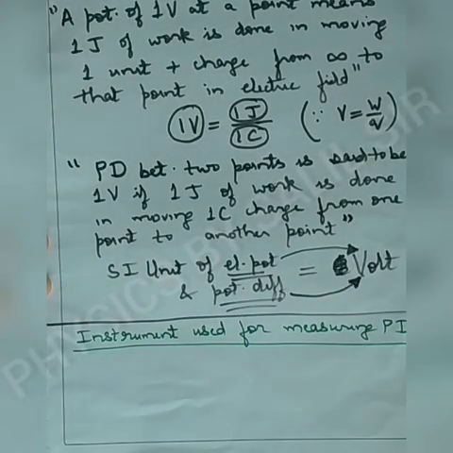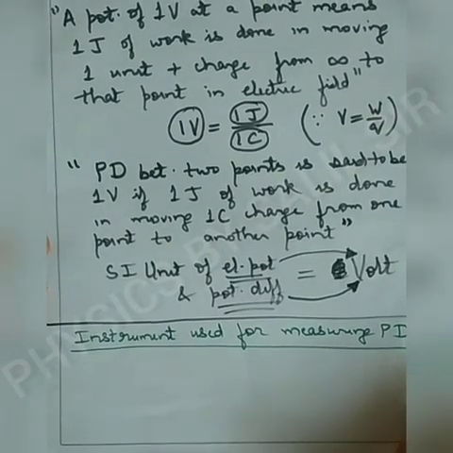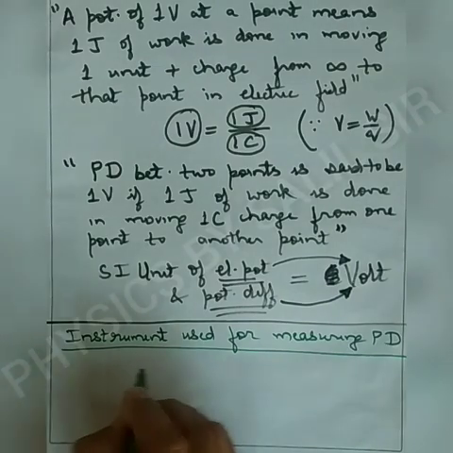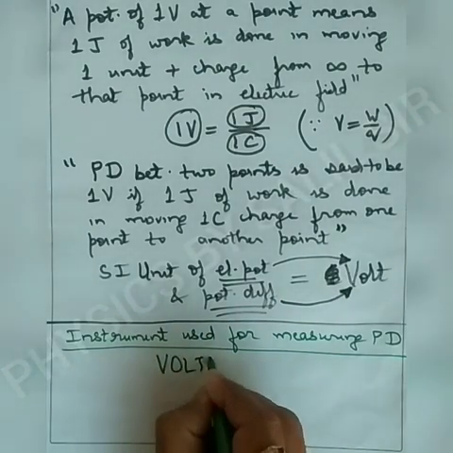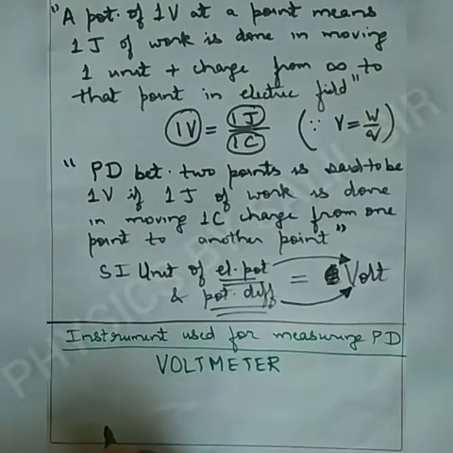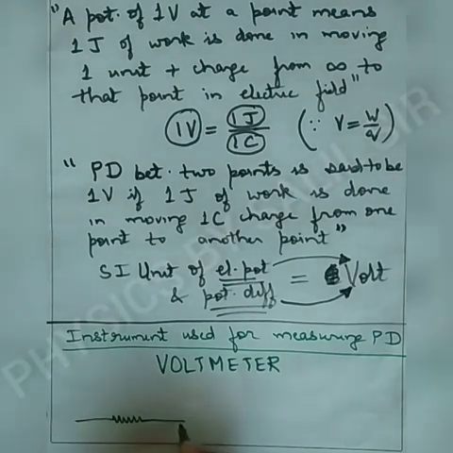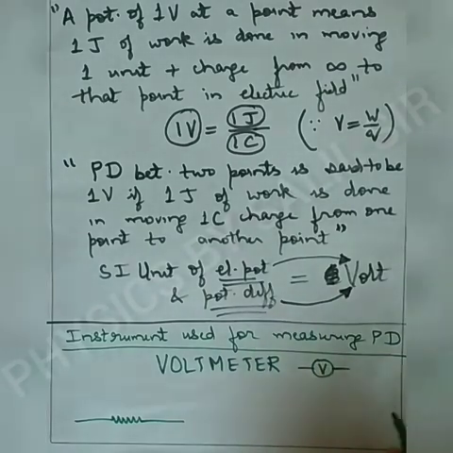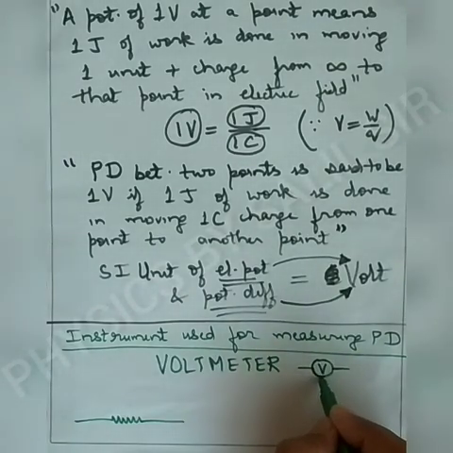There is an instrument which is used for measuring the potential difference, and this instrument is known as voltmeter. This voltmeter is represented by this sign. This is the representation of voltmeter in any circuit.